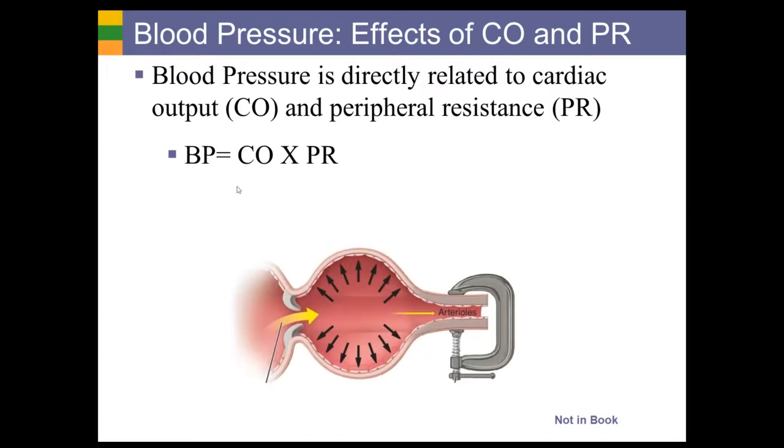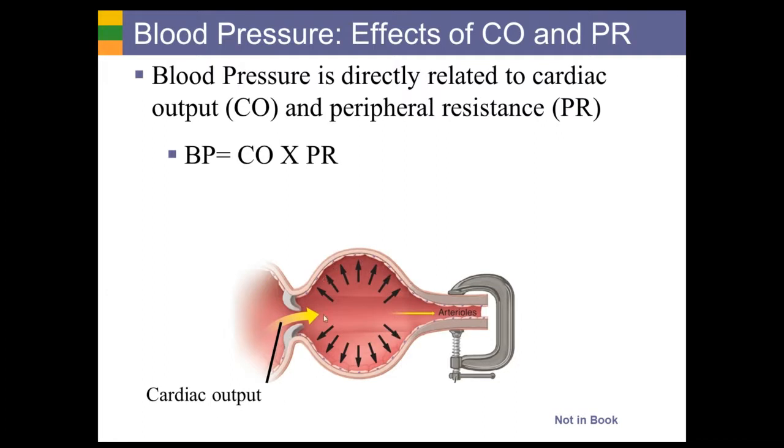We could illustrate these components of blood pressure by this little figure here. So these are your arteries. We measure blood pressure in the arteries. And these little arrows are pressure that the blood is exerting against the walls of the arteries.